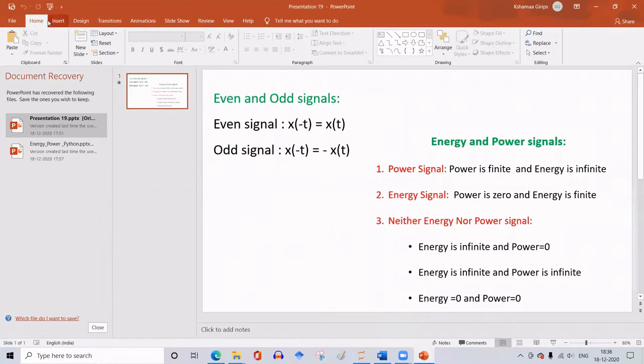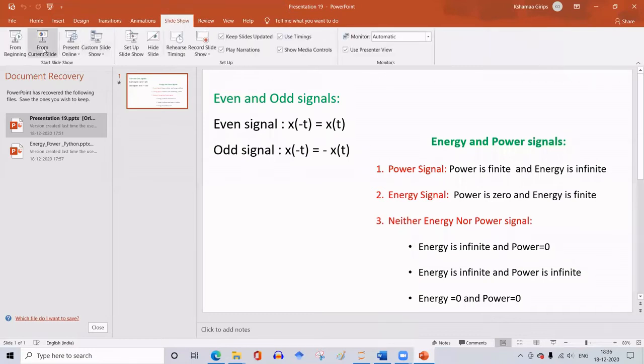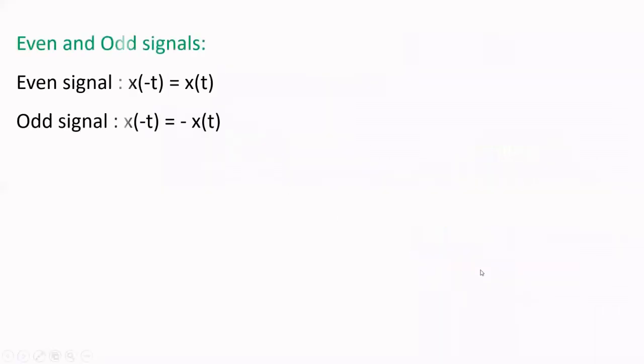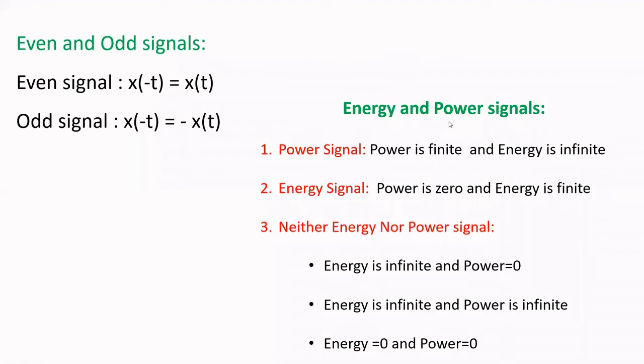So what is an energy signal? Let me enlarge this. An energy signal is the one for which power is 0 and energy is finite. And a power signal is one where power is finite and energy is infinite.